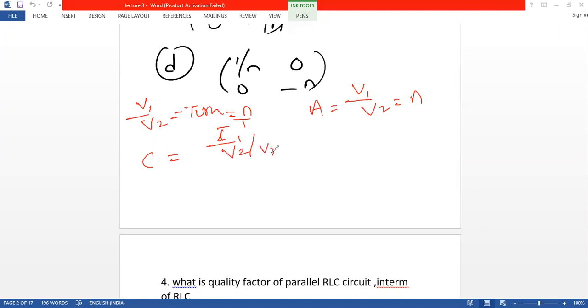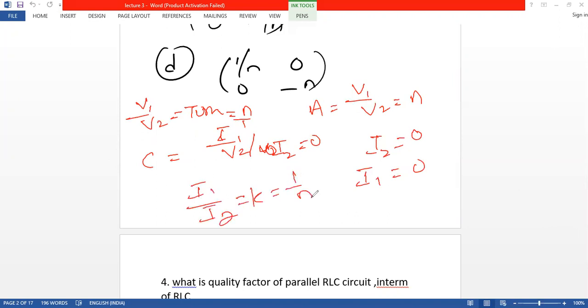I1 by V2 at I2 equal to 0. When I2 equal to 0, similarly I1 is 0. You know the relation between I1 by I2 equals K, meaning 1 by N. When I2 is 0, obviously I1 is also 0. So you can say C is 0.